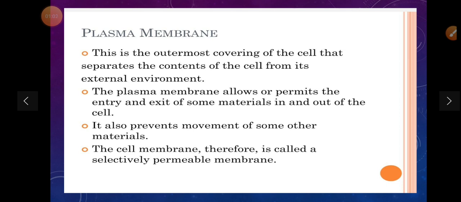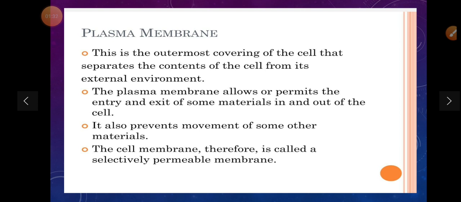Now, plasma membrane. This is the outermost covering of the cell that separates the content of the cell from its external environment. The plasma membrane permits the entry and exit of some materials in and out of the cell. It also prevents movement of some other materials.